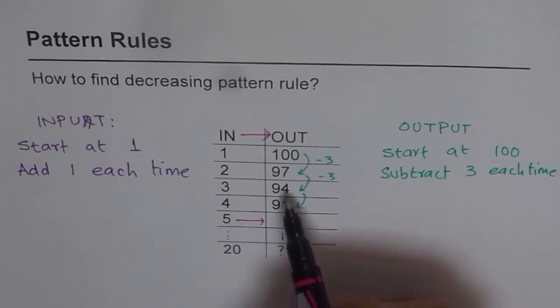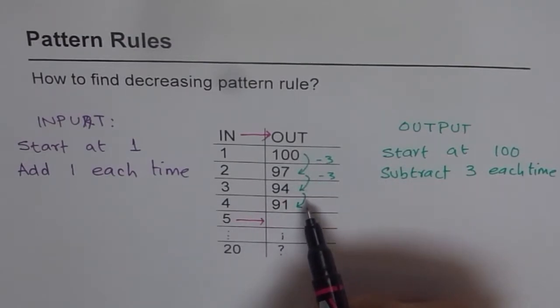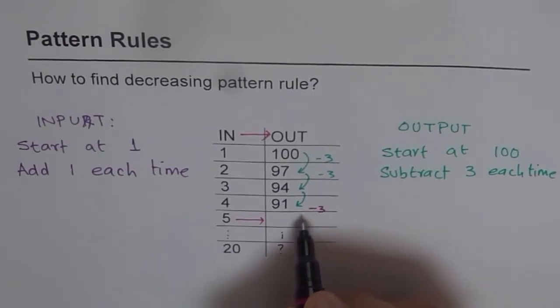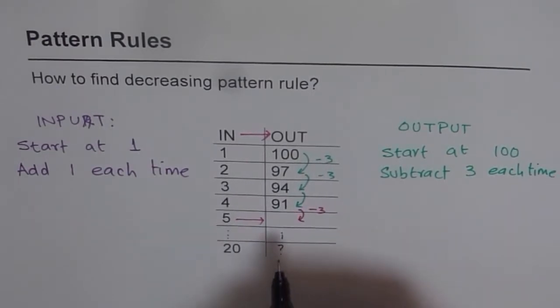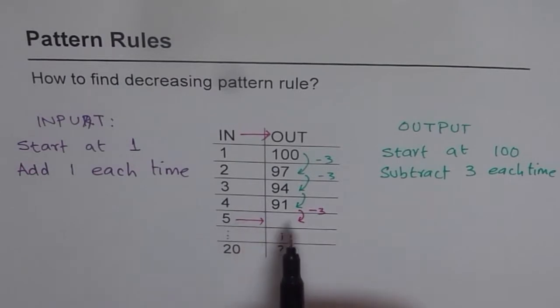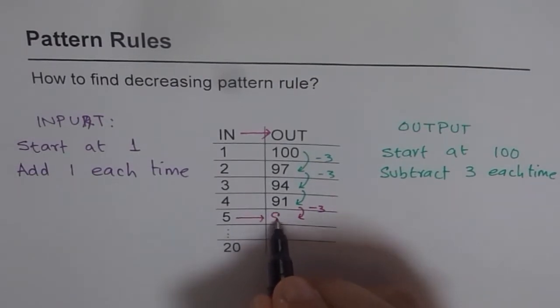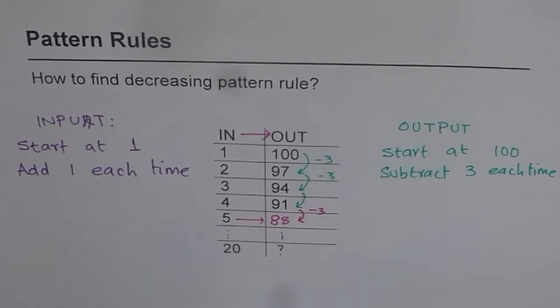If we have to go down by 3 each time, then what is 91 minus 3? That should give me the output which corresponds to an input of 5. So 91 minus 3 is 88, so we get our answer as 88.